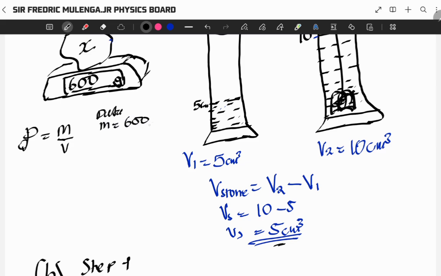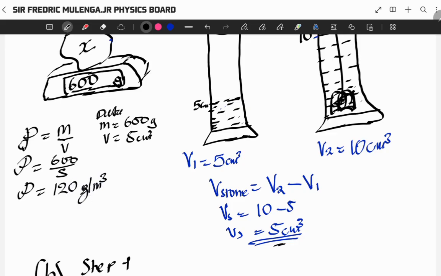Mass is 600 grams and volume calculated is just 5 centimeter cubic. So you go ahead and replace it. 600 divided by 5, and what is that? It just gives you 120 grams per centimeter cubic. We are done with the first one.